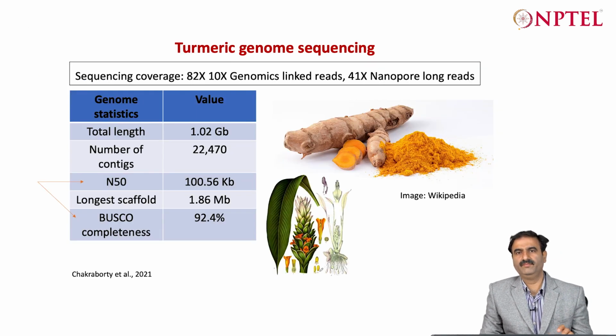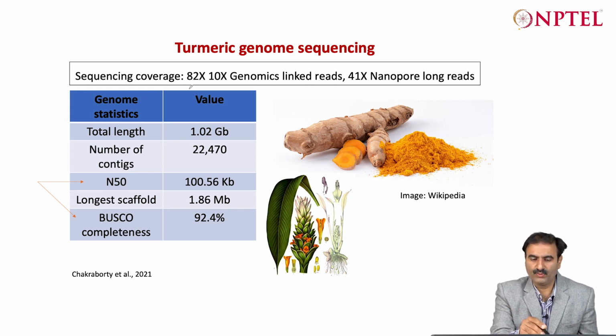Okay, so coming to an example, for the turmeric genome, 82x of 10x Genomics linked reads and 41x of nanopore reads were generated. Even though the reads were more, while running the Supernova we have to specify how many reads we want to use, right?